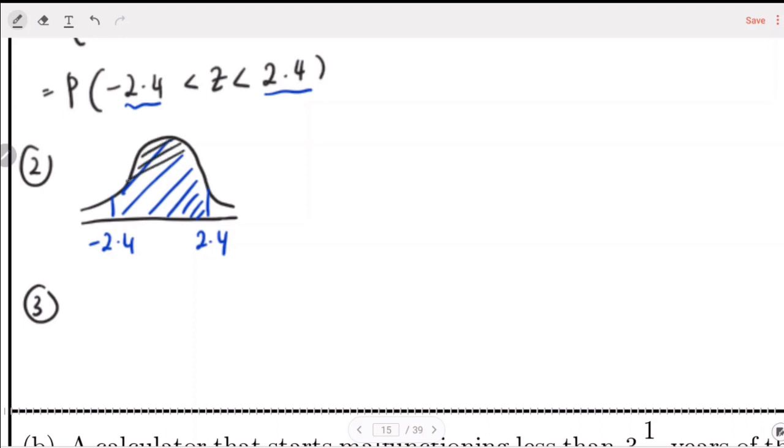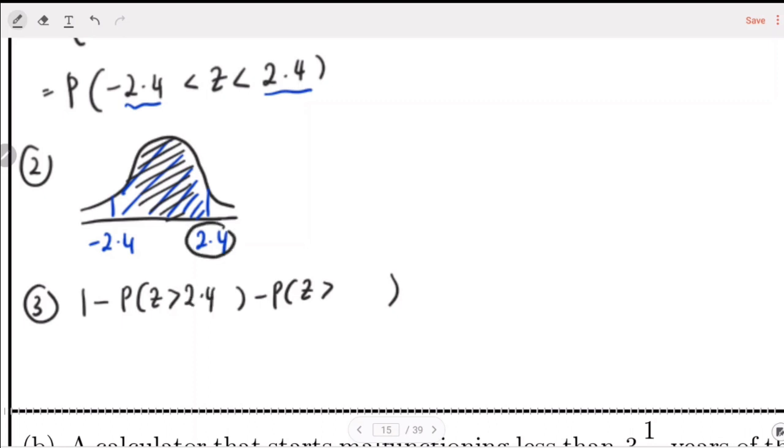Since we shade the middle part of our bell shape, we need to put 1 minus. And since you have two values of Z, we need to minus 2 probabilities here. So the first one minus with 2.4, and then for the second one also 2.4. Or we can just simply write it as 2 multiplied by probability Z greater than 2.4.